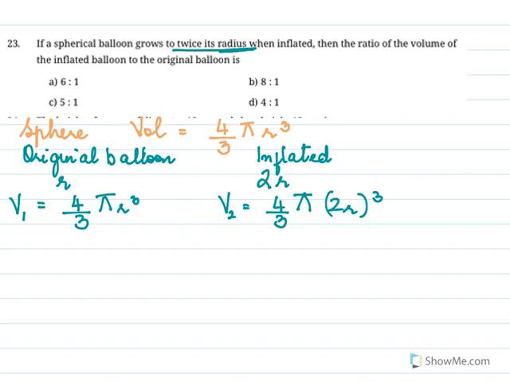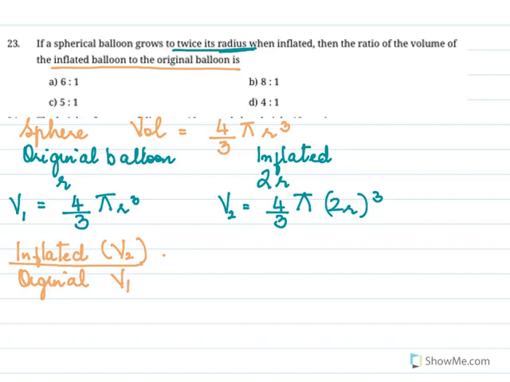In the next step, we need to find the ratio of inflated to original. So the volume of inflated, which is V2, over original, which is V1. V2 we saw is 4 by 3 pi, this is 8r cube, divided by 4 by 3 pi r cube, the original.